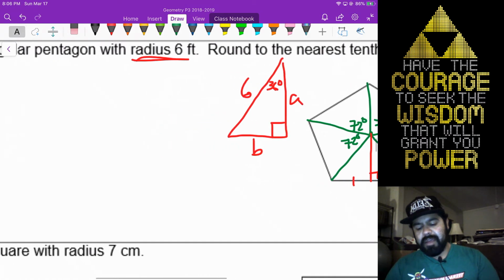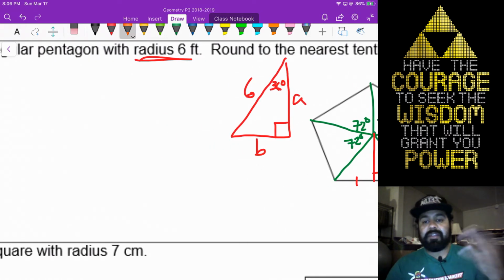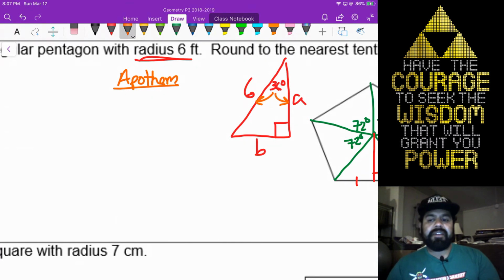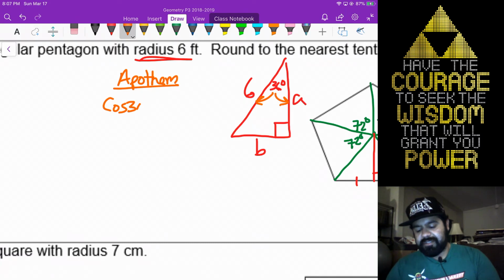So for my apothem, which is going to be part 1 of our calculation, we see that that's the adjacent with the hypotenuse, so that's going to be cosine. Cosine of 36 equals a over 6.